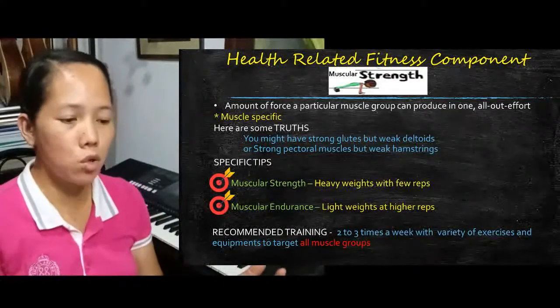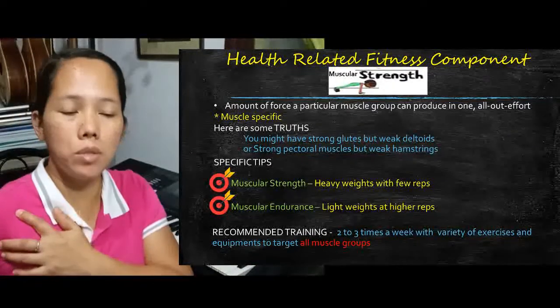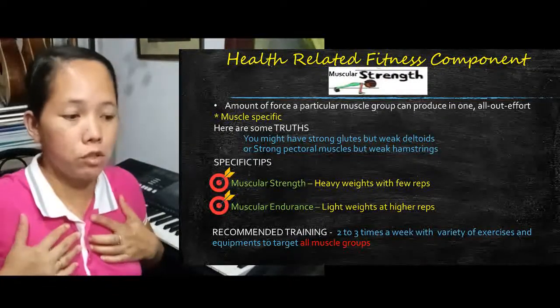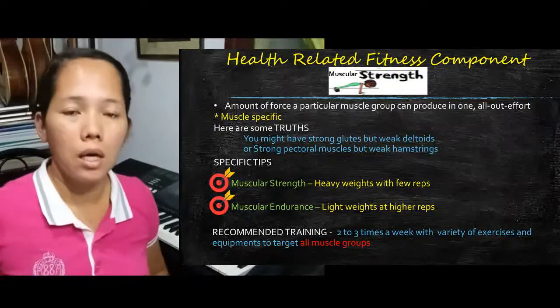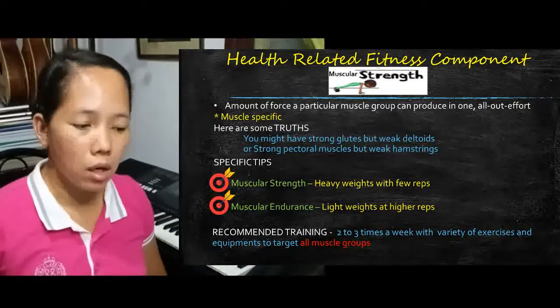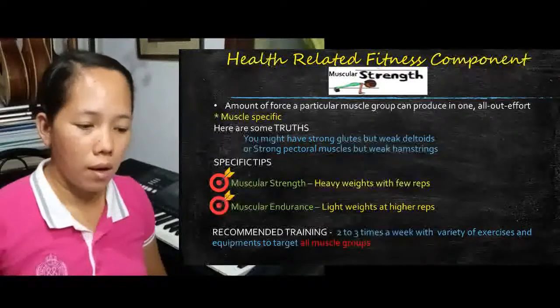Or it could be that you have strong pectoral muscles kaning nasa imong dughan just above your breast, kani siya. You may have strong pectoral muscles but weak hamstrings, no, kaning muscle nga nasa likod sa imong paa, that's your hamstrings. Or you can have that, no, that's the truth.